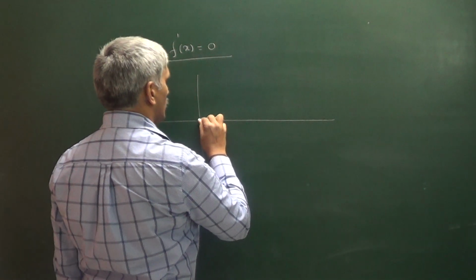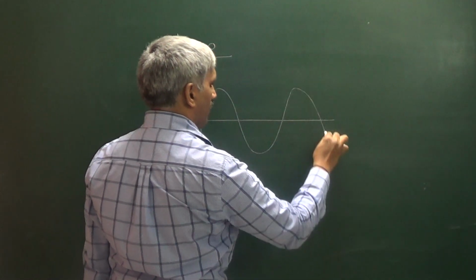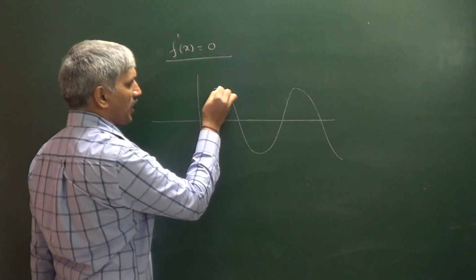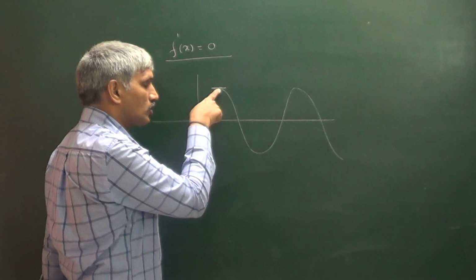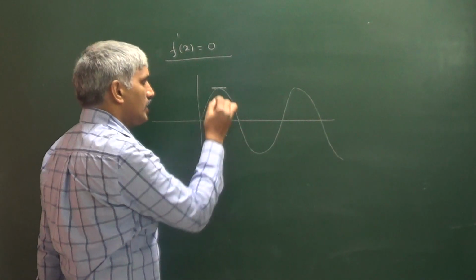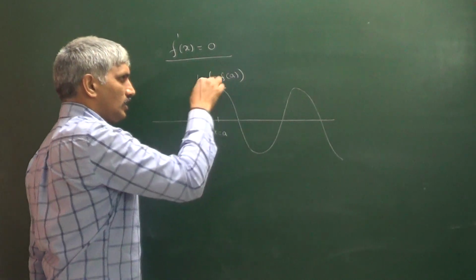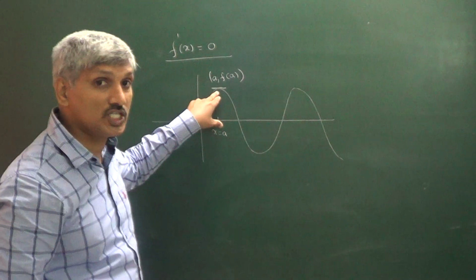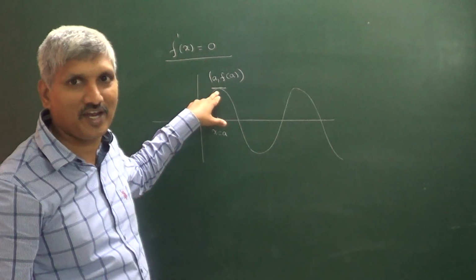You can see this is the graph of one particular function. At this point differentiation is equal to 0, so these values are called stationary values. Suppose this is x is equal to a. Then this point is a comma f of a. That point is called a stationary point, or a turning point.